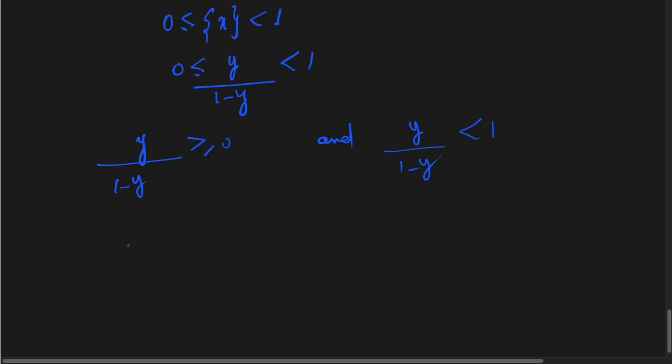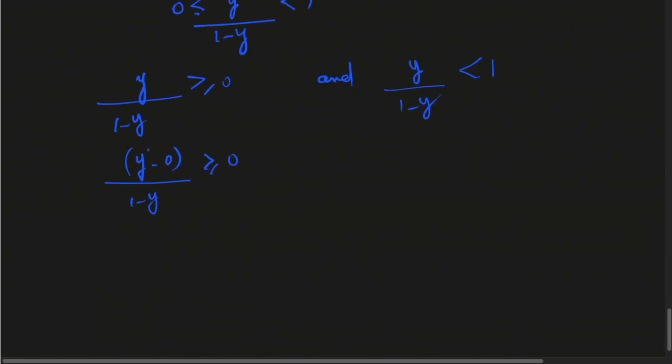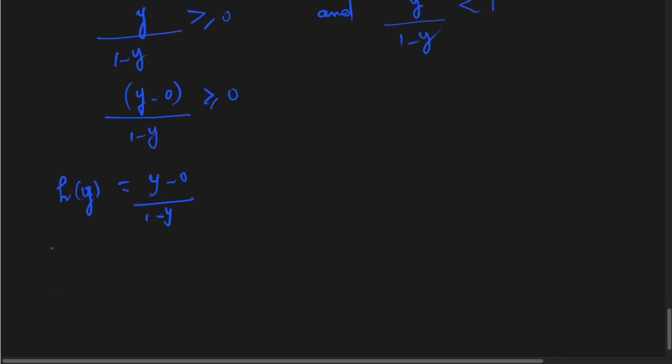So we know the wavy curve method. It can be written as y minus 0 upon 1 minus y greater than or equal to 0. Let us suppose this, y minus 0 upon 1 minus y, as a function, some h of y. h of y is y minus 0 upon 1 minus y, which we can show as h of y equal to some L of y upon m of y.